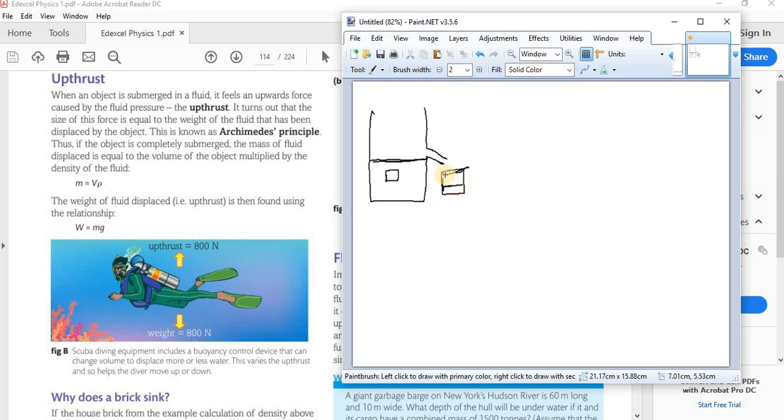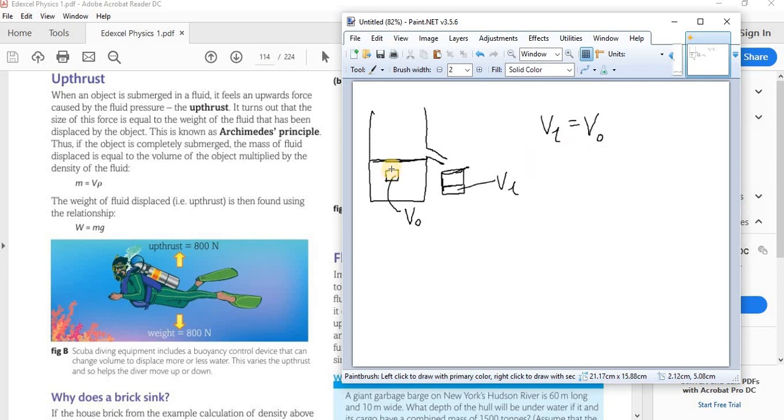Now the volume of this liquid is equal to the volume of the object. In the beginning the beaker was empty. The volume of the liquid in the beaker, which is the volume that came out of the spout of this Eureka can, also called displacement can, is equal to the volume of the object.